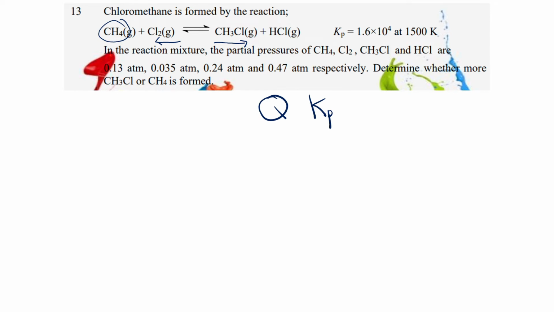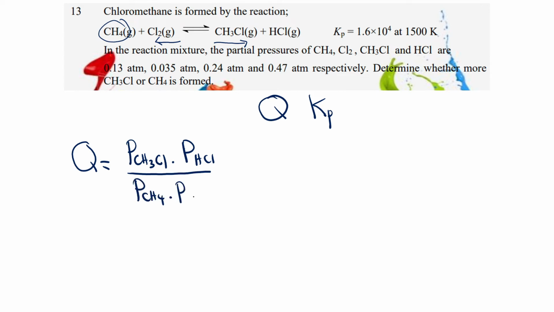So now write the expression untuk cari Q. Q is equal to partial pressure of CH3Cl times partial pressure of HCl over partial pressure of CH4 times partial pressure of Cl2.